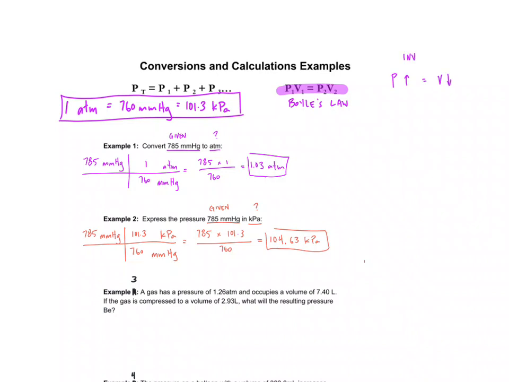This is an inverse relationship. So as the pressure increases, volume decreases. If the volume increases, then pressure does the opposite. Okay? So as a gas is pushed down and compressed, the pressure is increasing. As a result, that gas now occupies less space and the volume has now decreased.